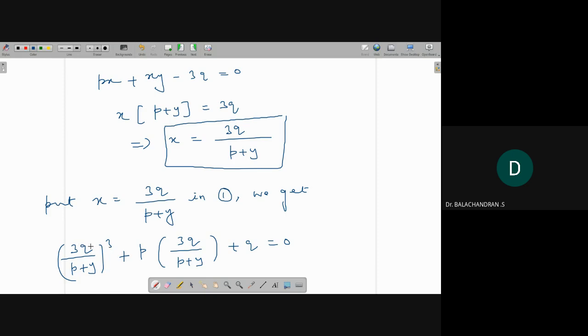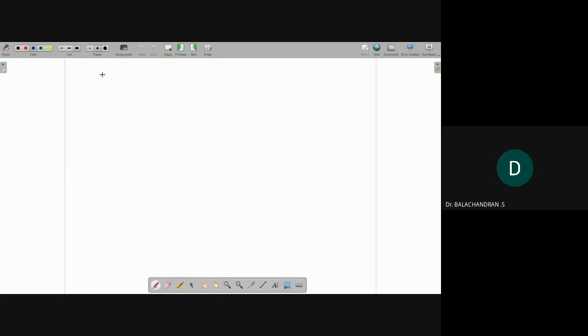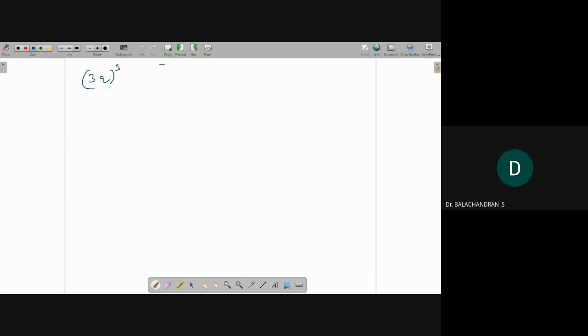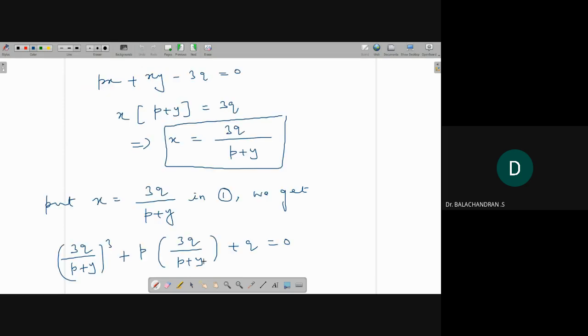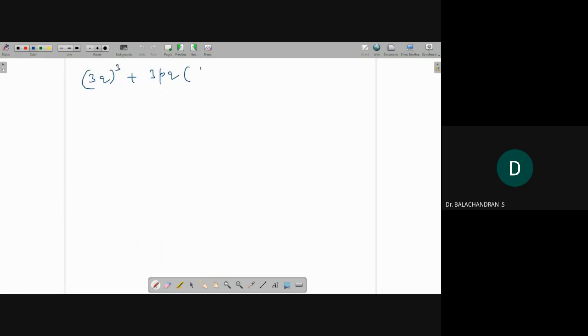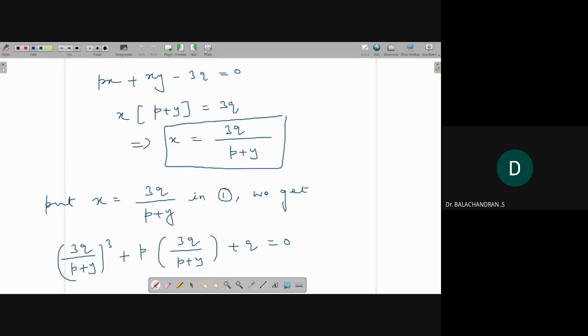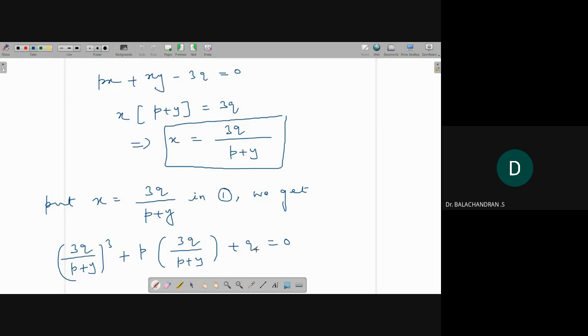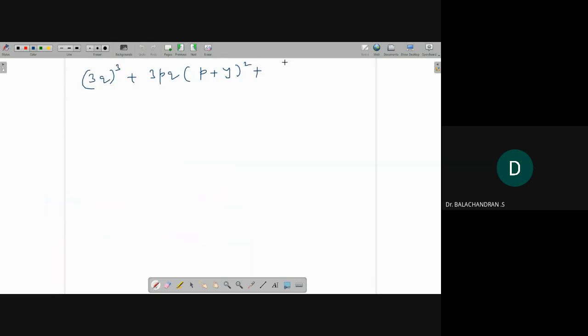You will get 3q whole cube plus 3pq into p plus y whole square, and then plus q into p plus y whole cube, equal to 0.